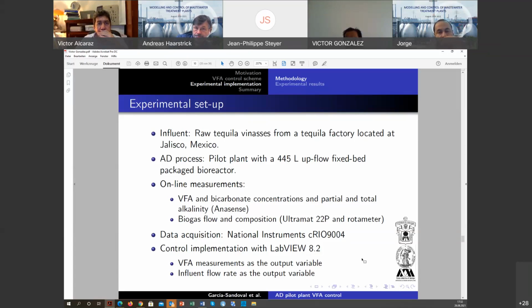So we set the VFA as the output variable, and the feed flow rate is the manipulated variable. It is here. I made a mistake. It is the input variable. Next, please.